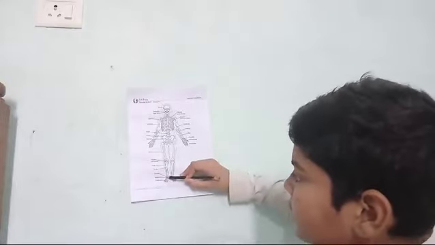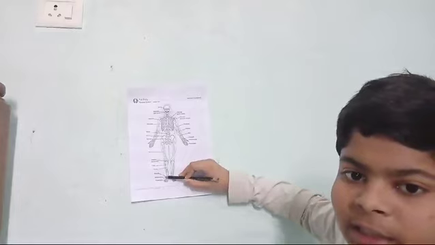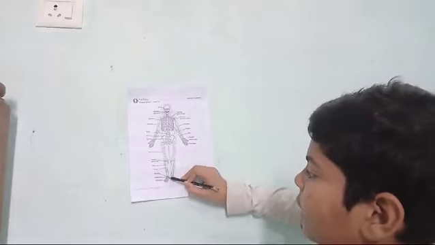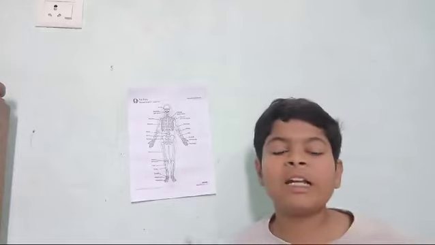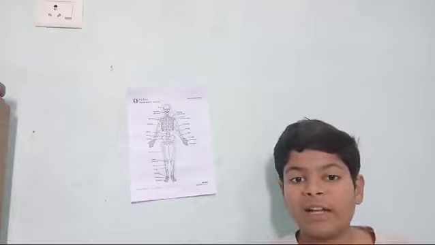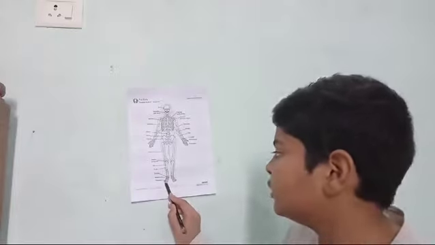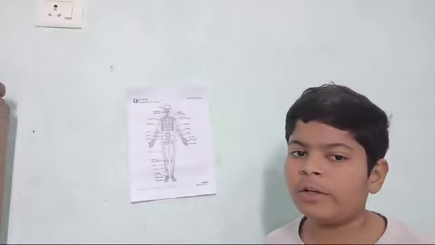This is our tarsals of 8 bones. This is our metatarsals of 5 bones, and then come the toes of our leg. The 4 toes consist of 3 bones each, and our big toe consists of 2 bones.